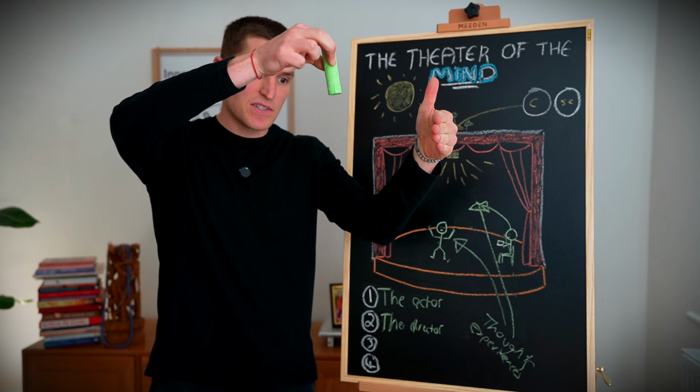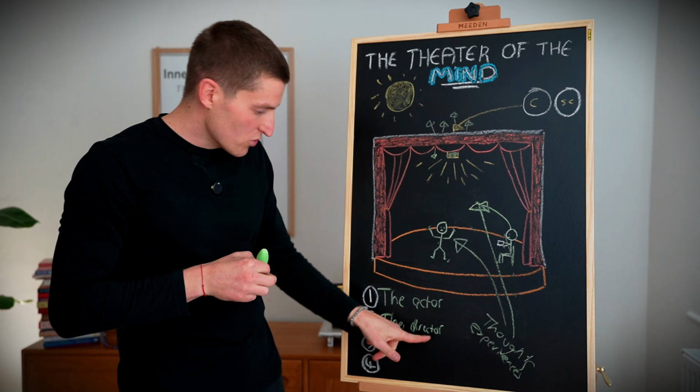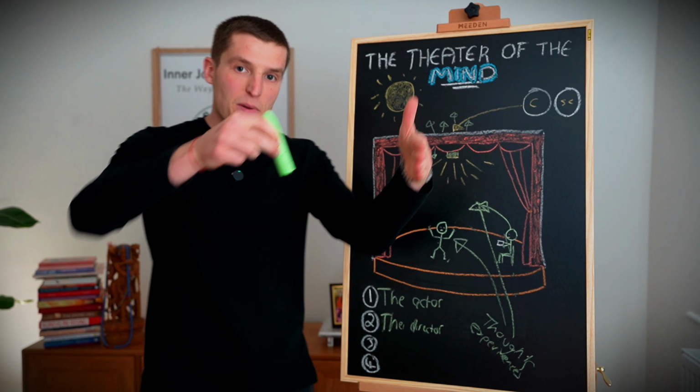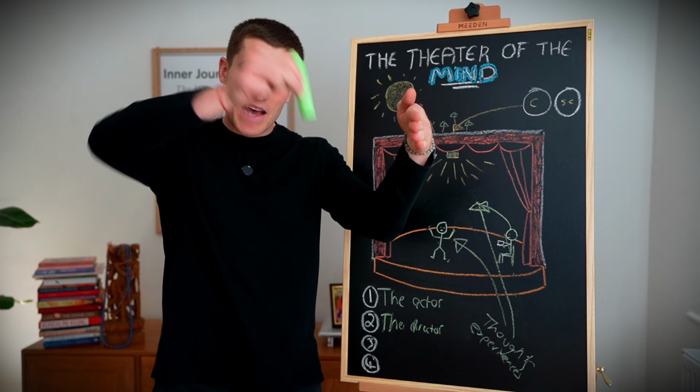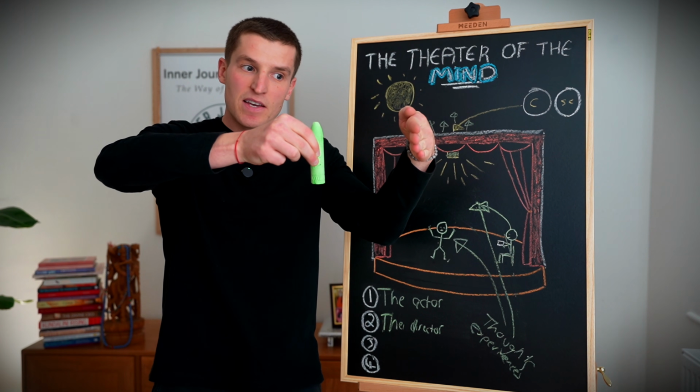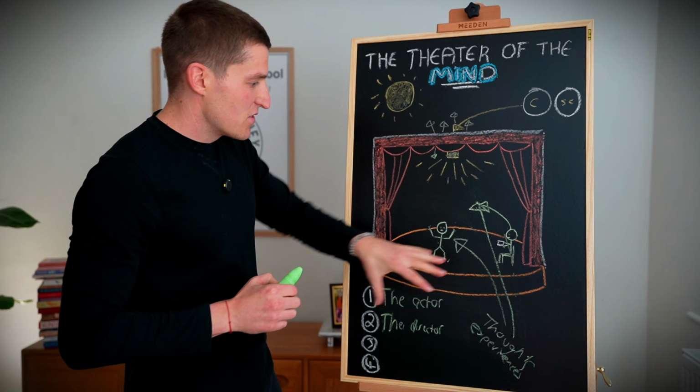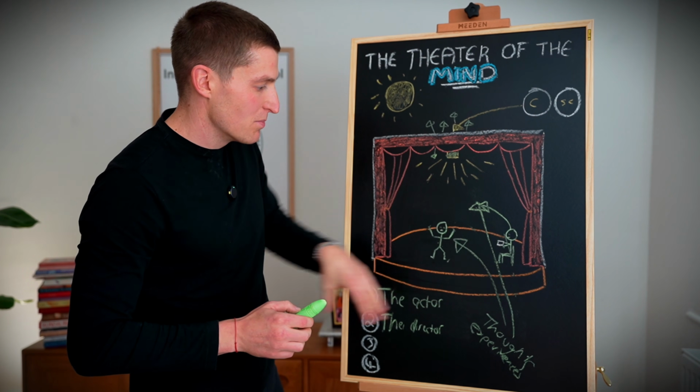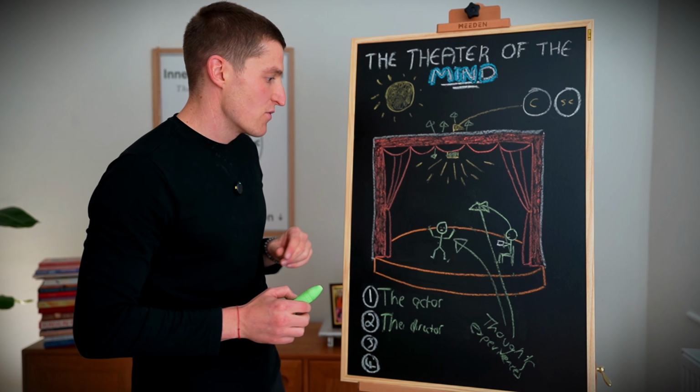And in that space, the intellect, or in this case, the director, the part of your mind that can discern, has space to actually sit and say, no, I don't need that thought. So this is a really, really important part of the mind. You've got the ego and the director.